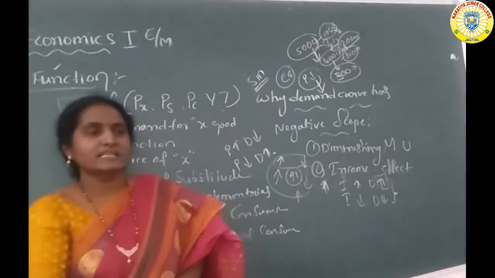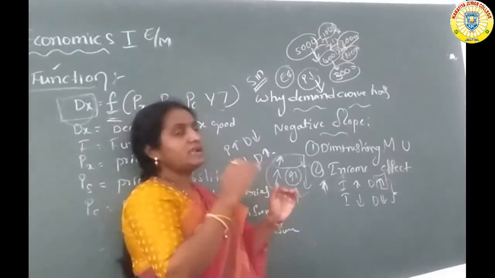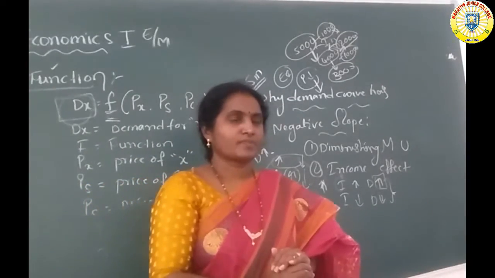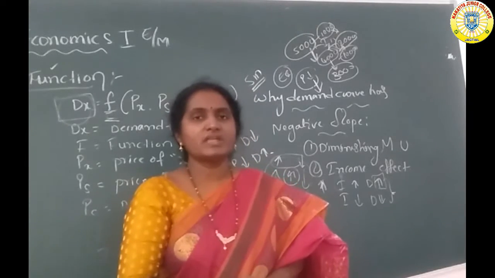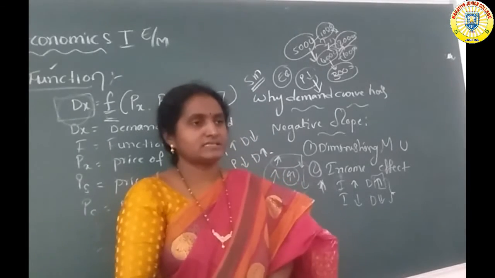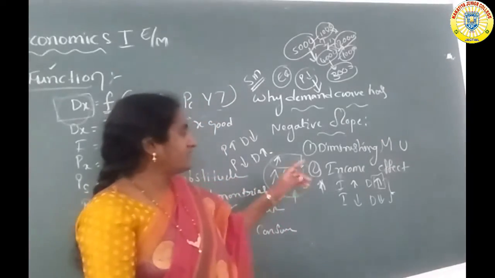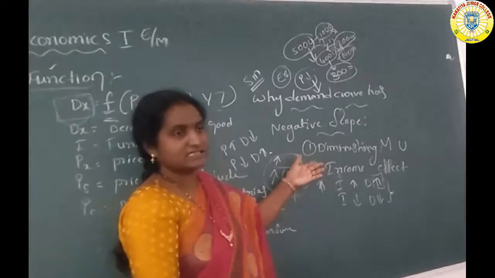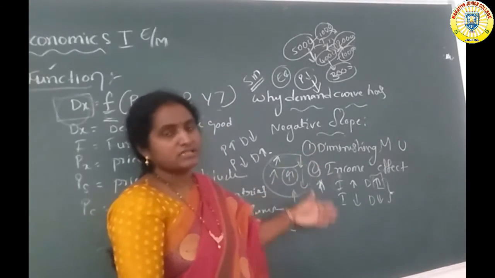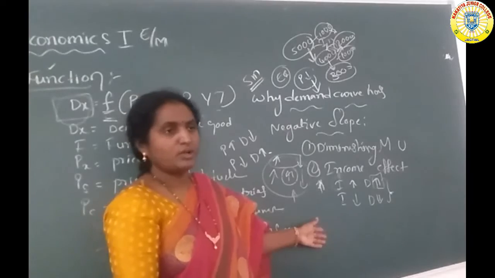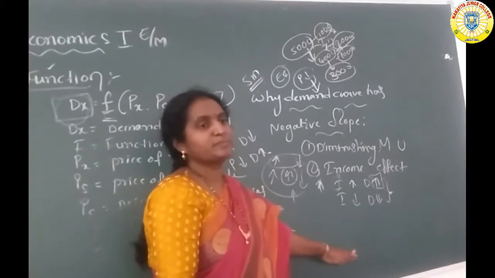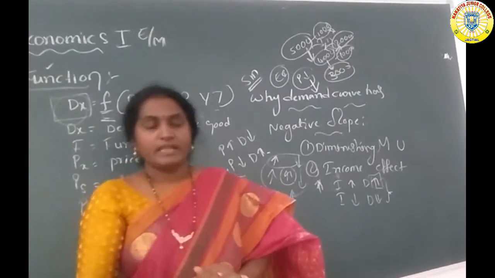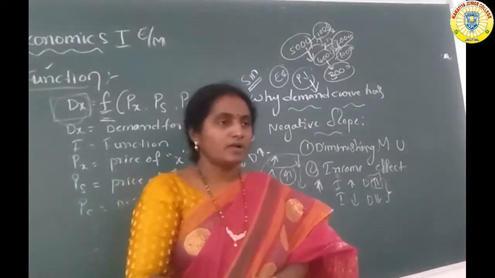So when the price level of different commodities declines in the market, the real purchasing power of the consumer increases, and saving also increases. So when the price level declines, his purchasing power increases. That's why the demand curve has a negative slope.